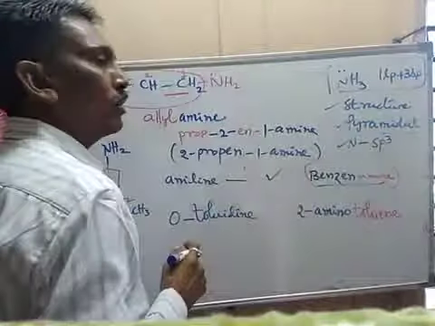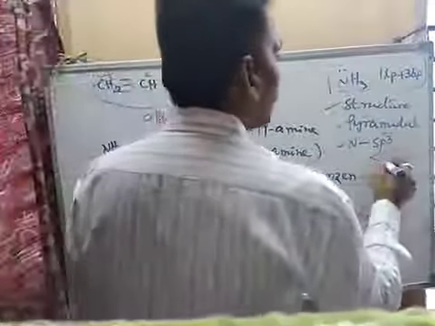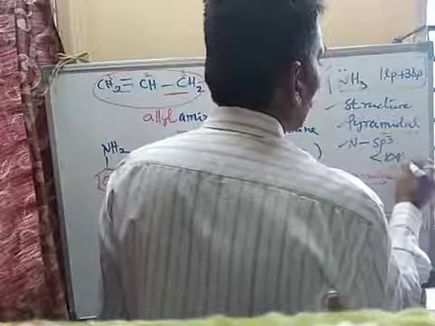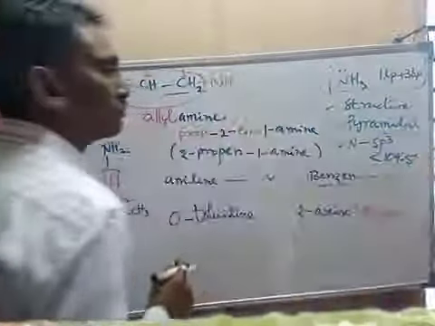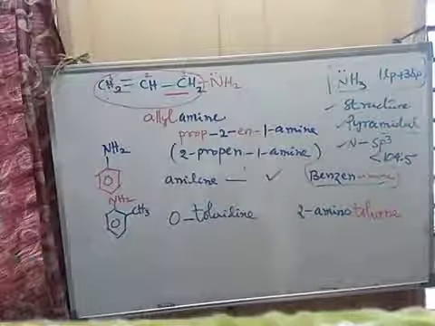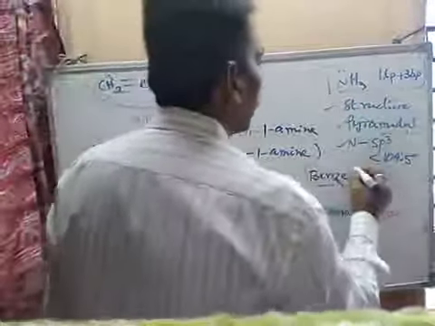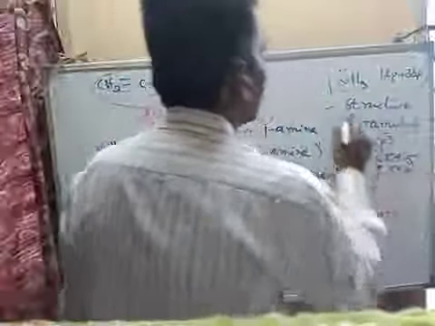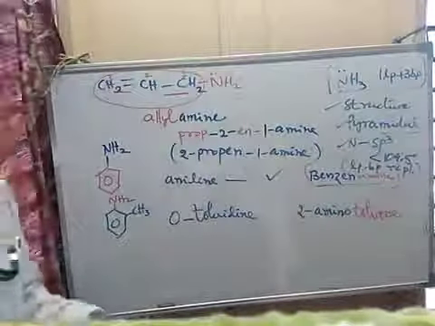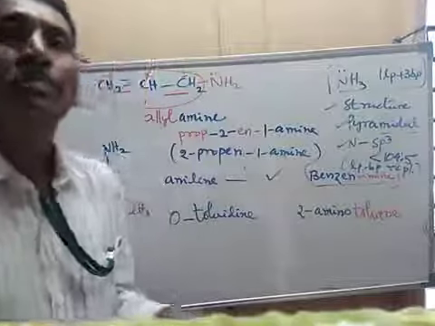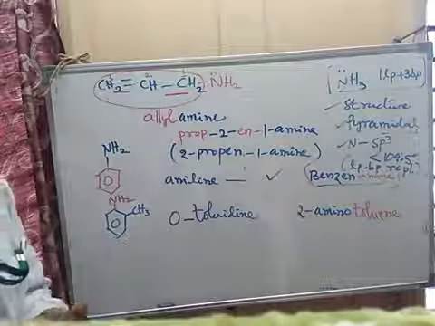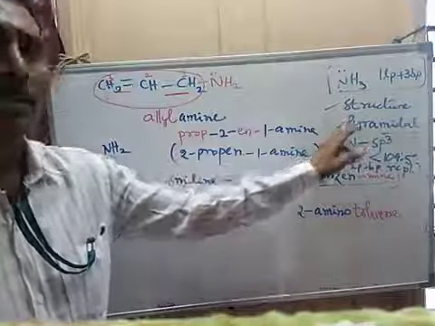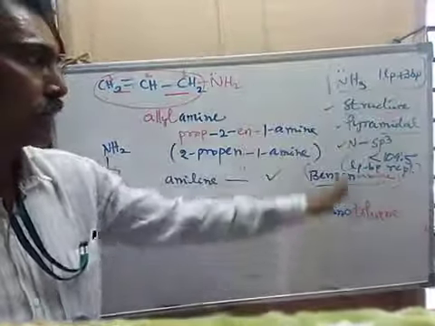And what is the bond angle you observed? It is less than 109 degrees 28 minutes, 109.5 degrees, which is less than the tetrahedral bond angle due to repulsions between the lone pair and bond pairs. These are asked sometimes in PU and sometimes in competitive examinations. So what is the structure of amines? Pyramidal. The nitrogen atom undergoes which hybridization? sp3.